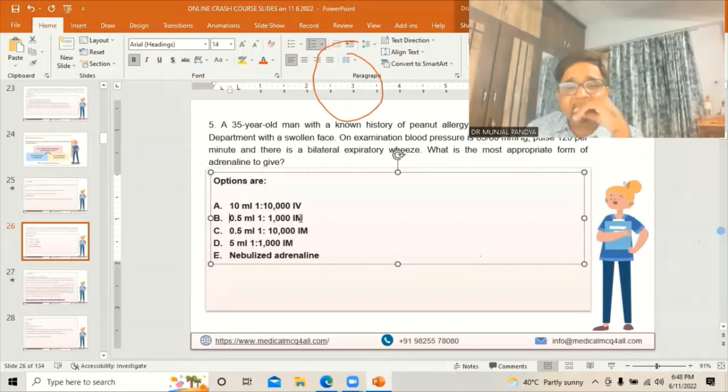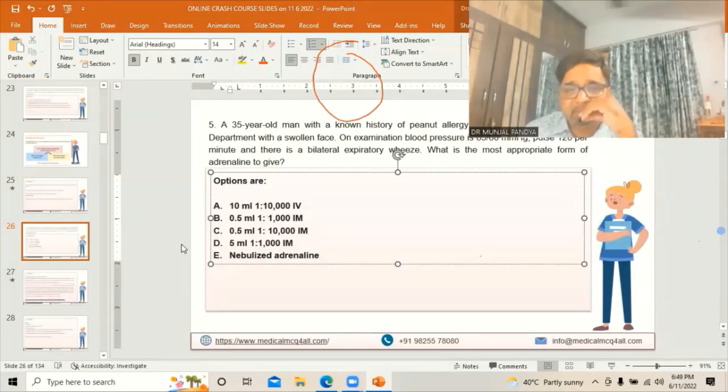If sometimes they give 5 milligram, don't get confused. 0.5 ml is equal to 0.5 milligram, because 1 milligram is 1 ml and 0.5 milligram is 0.5 ml. This is the standard dilution in the ampule. Go and check your crash cart in your emergency room or in the ward. There must be a crash cart, so go and look at the adrenaline.